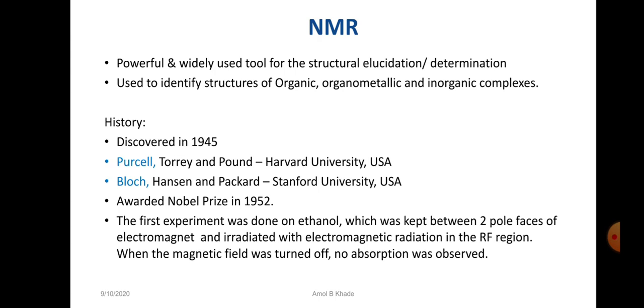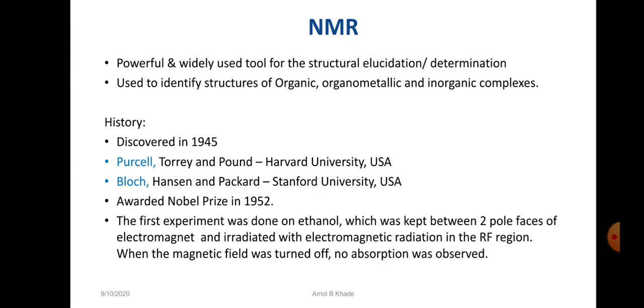Now this NMR is a very powerful and widely used tool for structural elucidation or structural determination. Whenever a synthetic chemist or any analyst prepares something, they immediately rush to NMR spectroscopy and record the NMR spectra for that compound, and from the NMR spectra we can identify the possible structure of the compound.